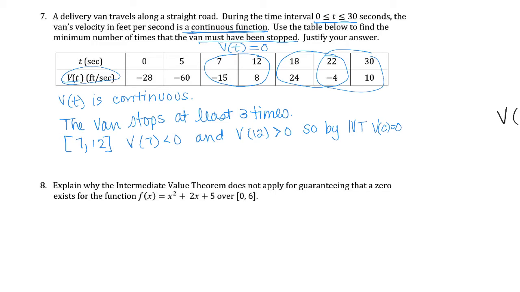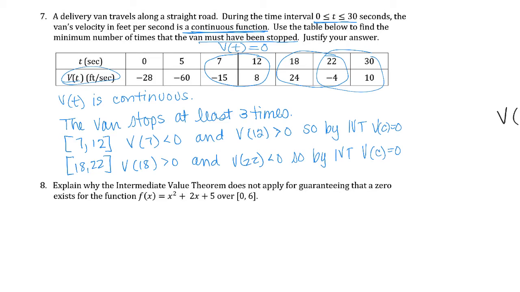And then it's going to happen again over the interval from 18 to 22. And again, we're going to say v at 18 is greater than 0, and v at 22 is less than 0. So by the intermediate value theorem, there has to be a v at c so that we have 0. And then we're going to repeat the same thing for the interval from 22 to 30.